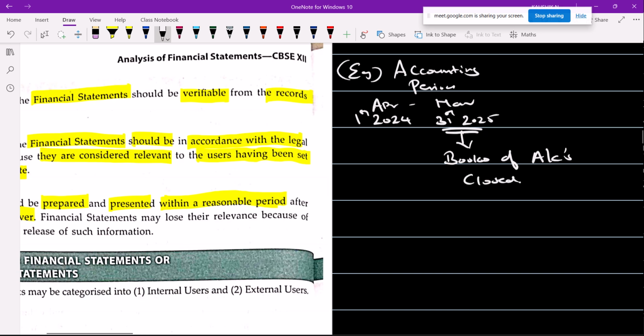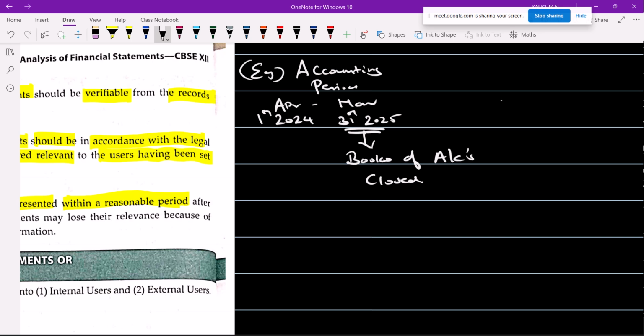Then I can present the details only from 1st April 2025, the very next day. If not, at least by the first week of April, I should be in a position to present it. Why so?